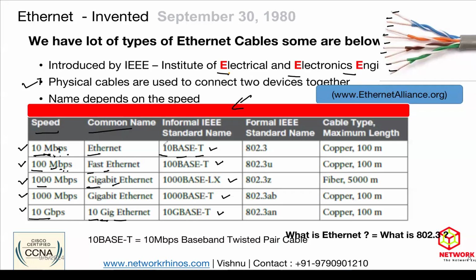Base means baseband. What is T? Baseband means baseband.